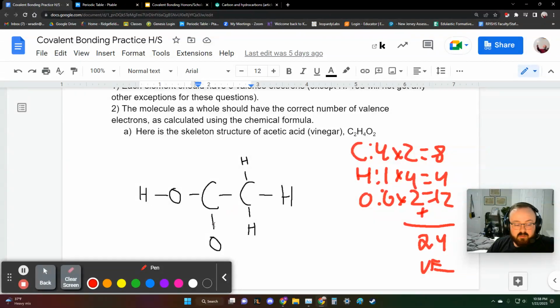Well, let's start with what we already have. We already have 1, 2, 3, 4, 5, 6, 7, 8, 9, 10, 11, 12, 13, 14. So in this structure already are 14 valence electrons, which means that we need to insert 10 valence electrons extra into this structure.